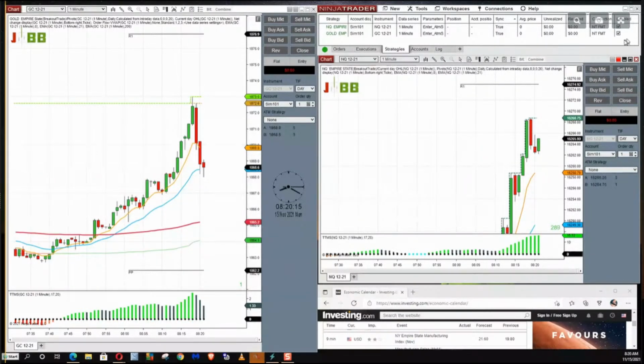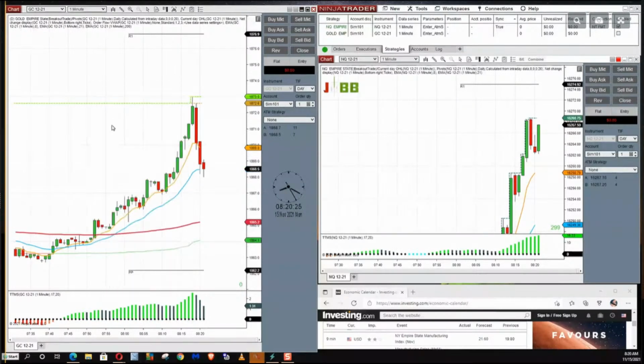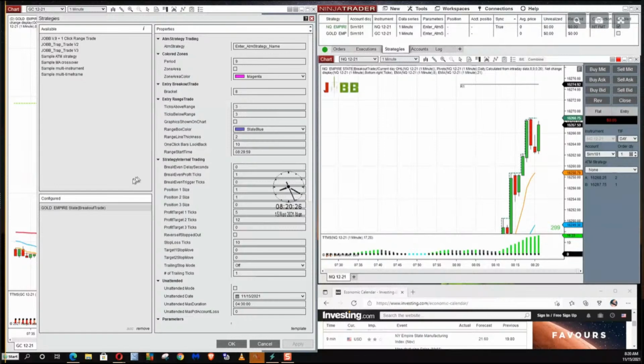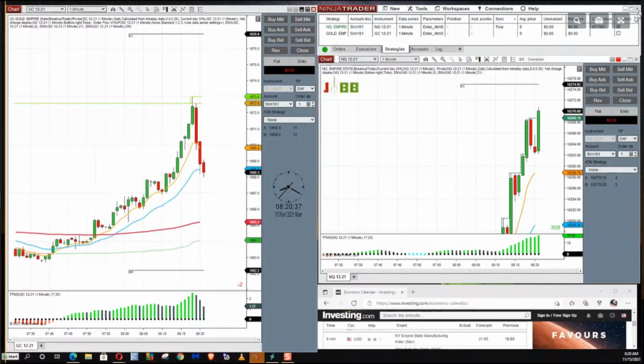Now, the reason I had my charts spread the way they're spread is I tested my brackets, right? So if you want to test your brackets, you just make sure you're in sim and you put your time to 0 because the strategy will think the time has already passed. Keep your finger on the cancel check mark.